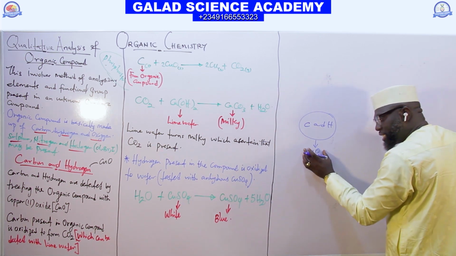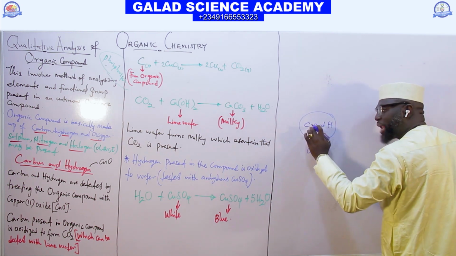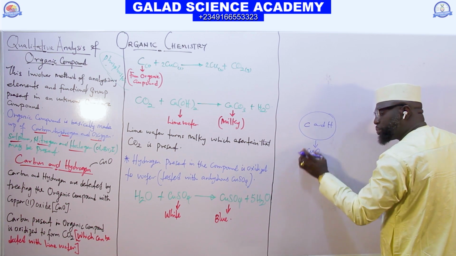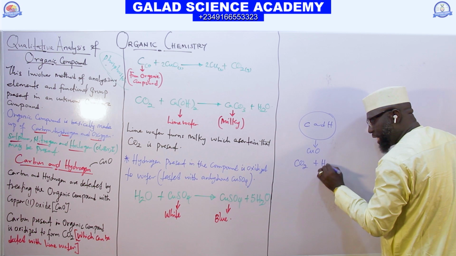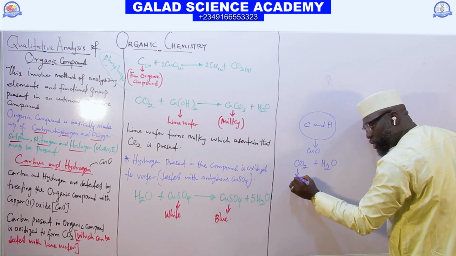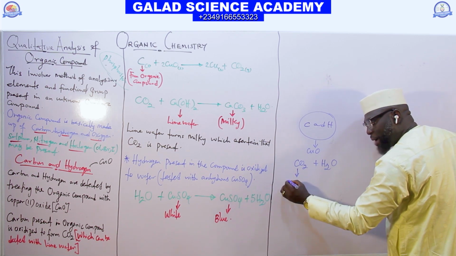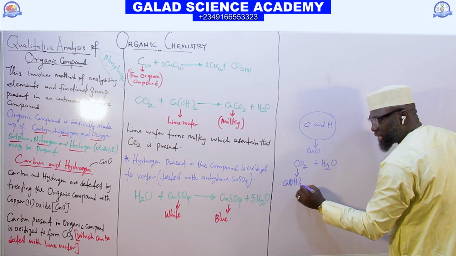So when you heat the copper oxide and treat it with organic compound that contains hydrogen and carbon, the product of this reaction is CO2 and H2O. For the presence of this CO2, we use lime water, which is calcium hydroxide.